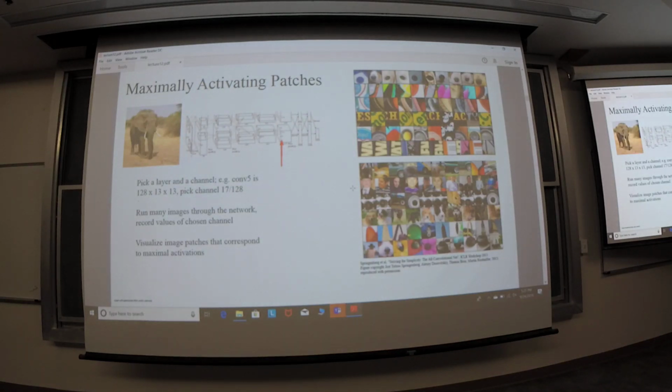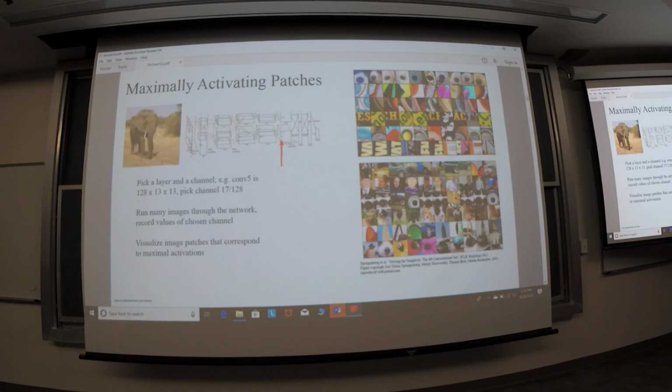Then we try to understand what each of these feature maps in the intermediate layers is trying to do. This is a technique to see to what input a feature map gets activated the most. In this case also we have selected the conv5 layer, and we pick a channel, 17 out of 128 for this particular block, and we try to see, for a particular feature map, what section of the input leads to the maximum activation of that feature map.